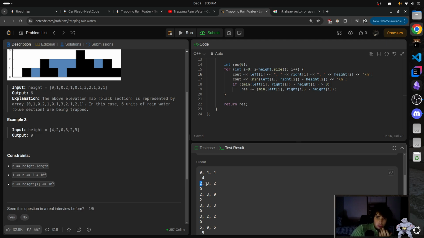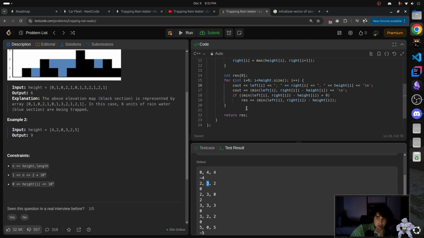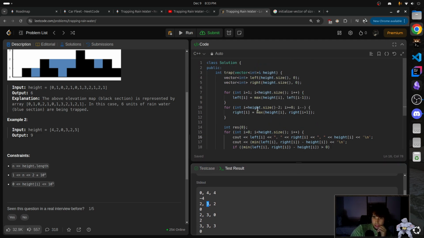Wait, this should be 4. This shouldn't be 2. This should be 4. That's the problem. And this should be 5. Do I not have this set up correctly?